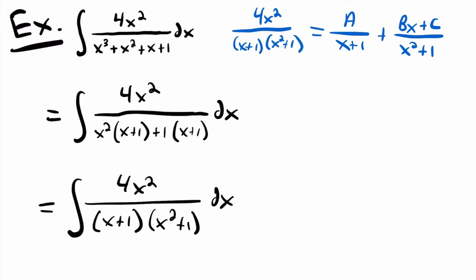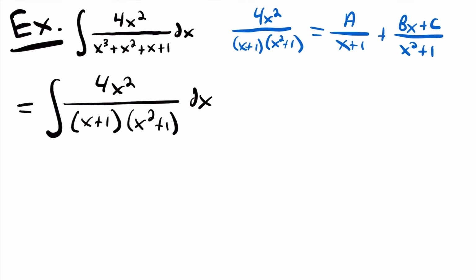All right, and so these are the two partial fractions that we are going to work with to rewrite this rational function. And so if I clean up my work here, let's set up our equation to solve for A, B, and C. We will have this numerator on this side of the equation, and we will set that equal to each of these numerators multiplied by what they do not have in their denominator to have a common denominator. And so we'll start with A. It has x plus 1 in the denominator, but to have this common denominator, it also needs x squared plus 1.